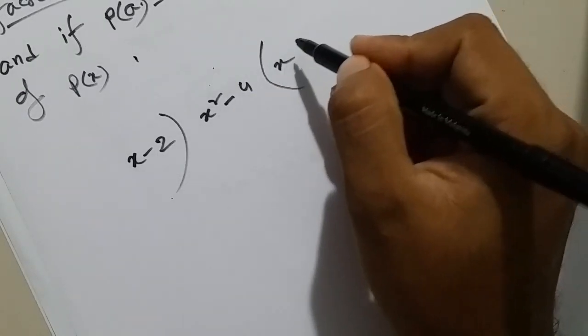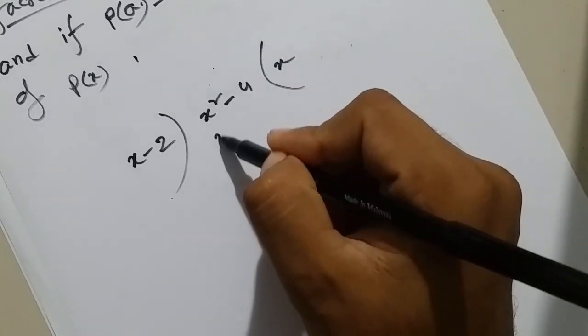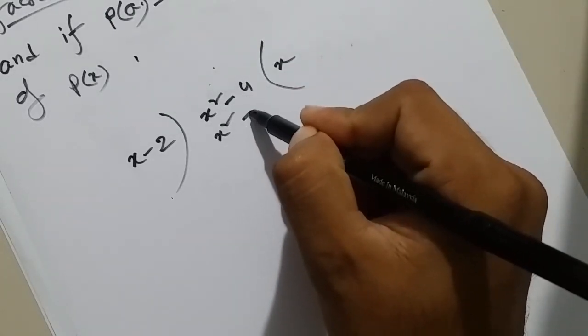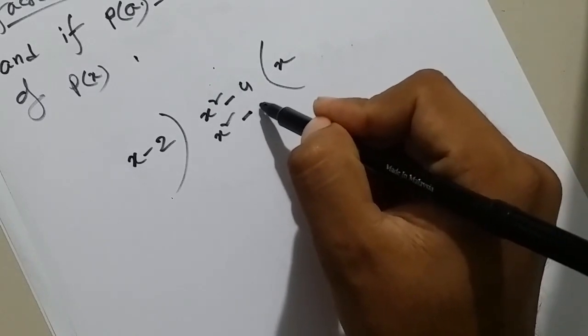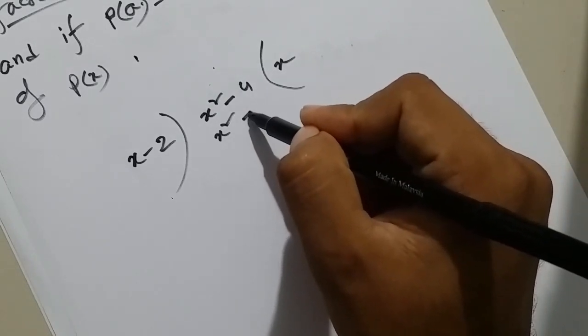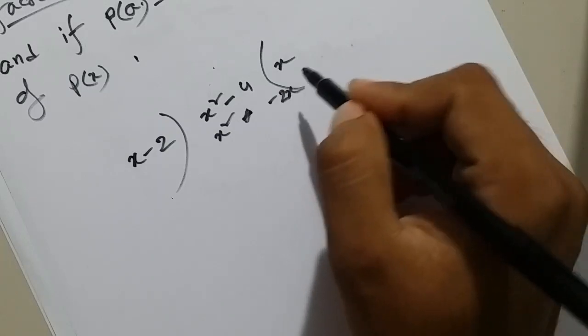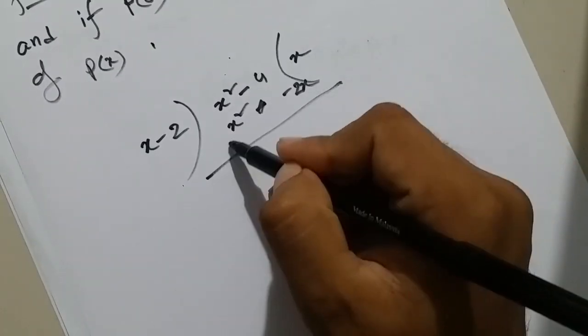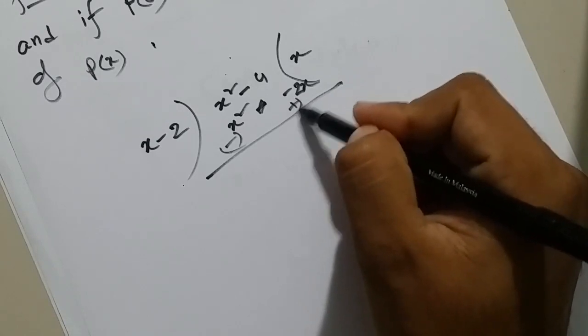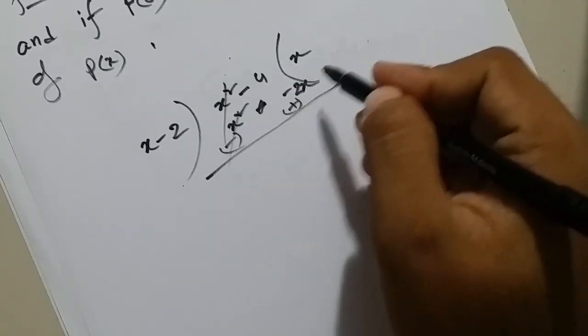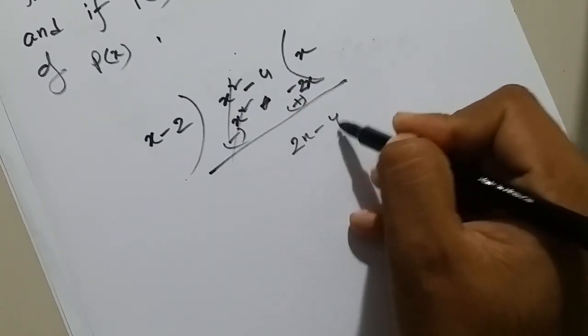Multiplying by x, you get x square minus 2x. Changing sign, you get 2x minus 4.